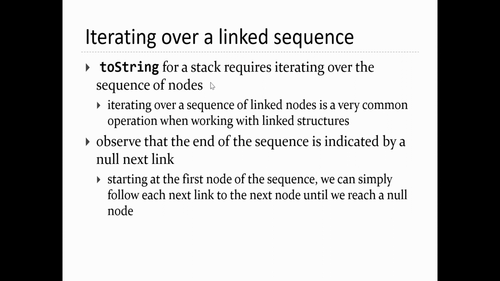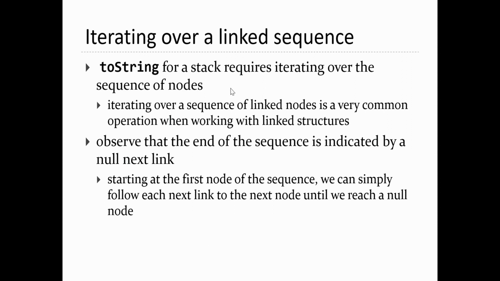Okay, so how do you implement toString for a linked sequence of nodes? For toString, I want to generate a string that has the string representation of each element in the sequence. So starting at the top, I want the string to have the first element, then the next element, and then the next element, all the way to the bottom of the stack. What does that mean?